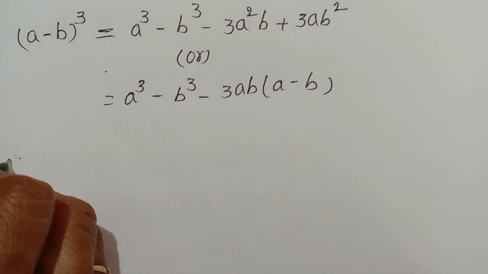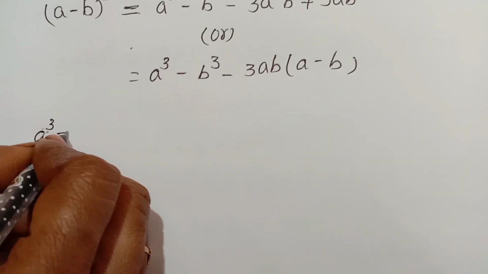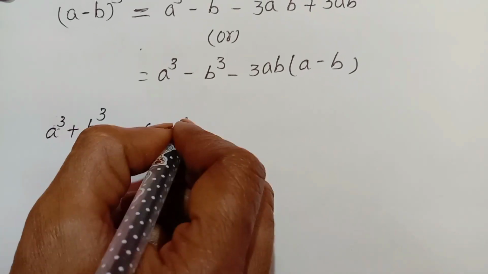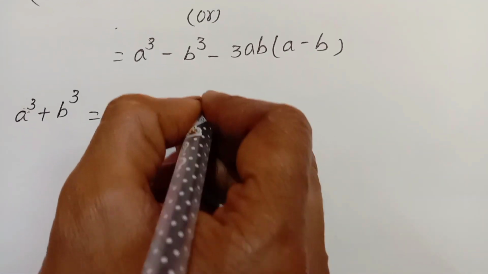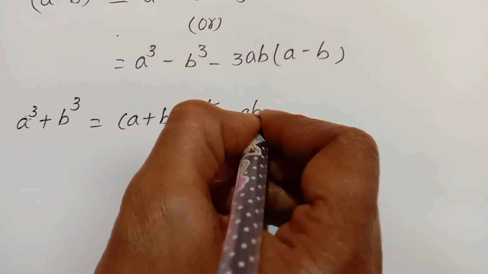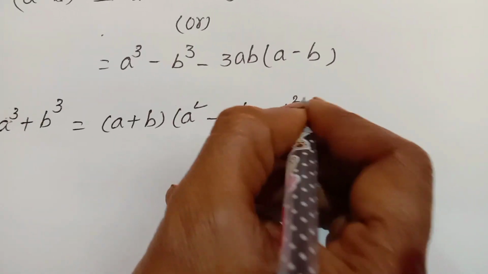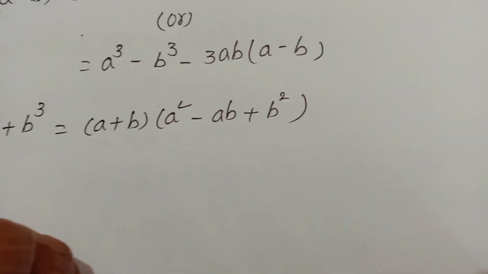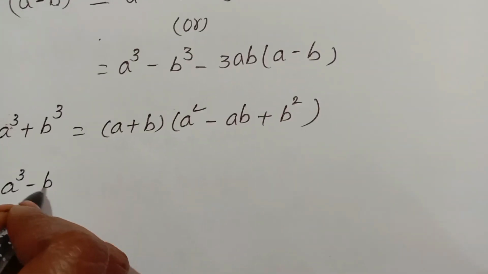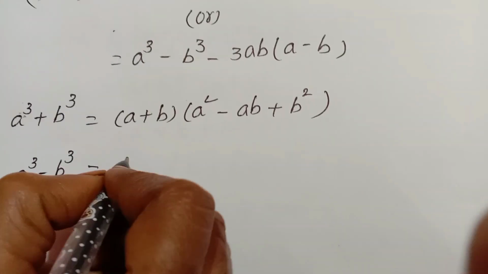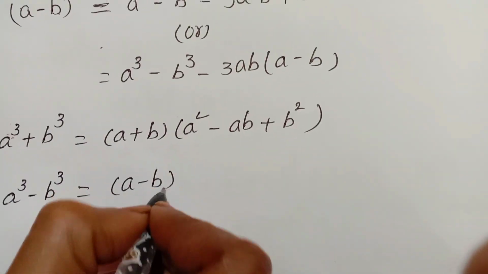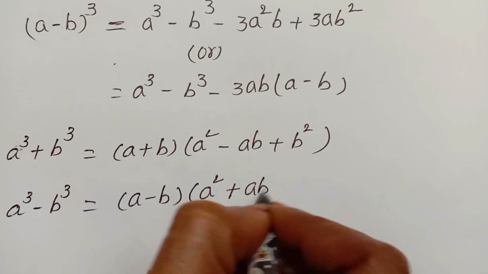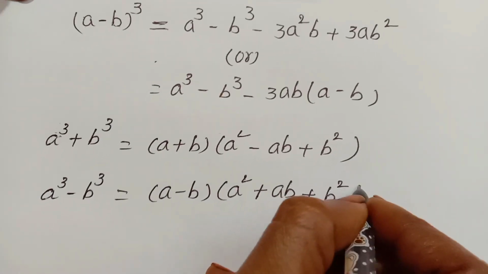For more identities, a cube plus b cube is equal to a plus b into a square minus ab plus b square. Fourth identity, a cube minus b cube is equal to a minus b into a square plus ab plus b square.